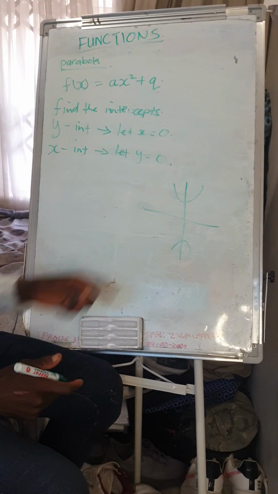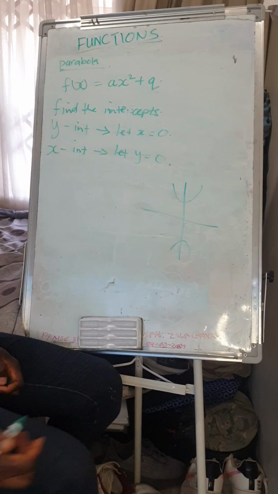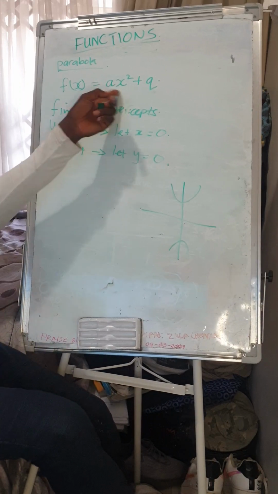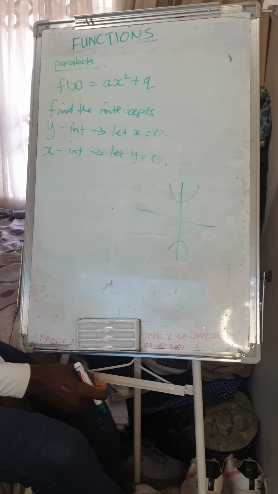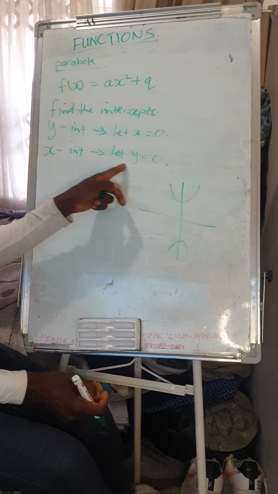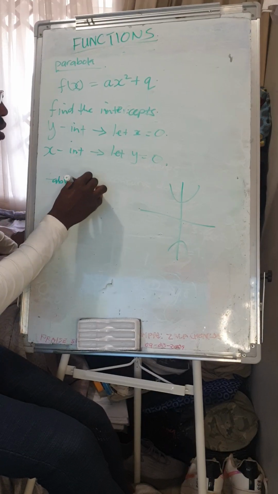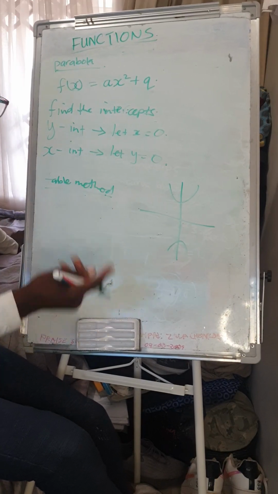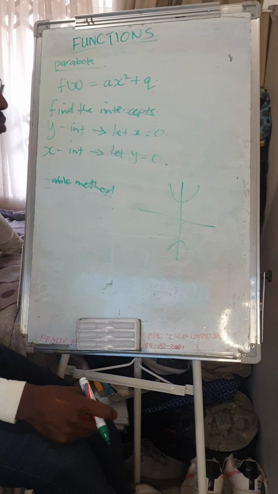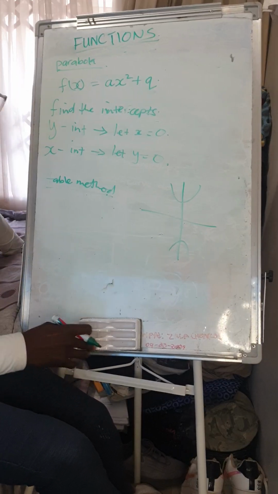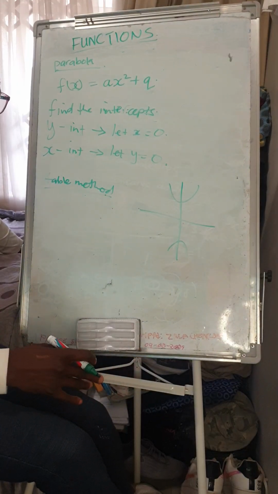Now let's talk about this one while we are still on the x-intercept. We say there is no x-intercept here. But if you try to find the x-intercepts, it seems like it doesn't work well with this method. Now use the table method, the same table method that we did earlier.